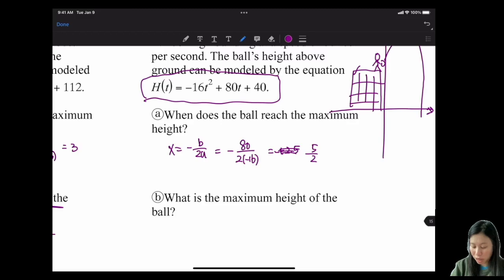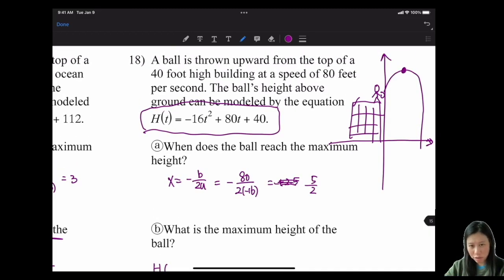So again, for maximum height, you want to substitute. As long as you draw the graph, this is really clear. This is where you are throwing the ball, which means when the time equals 0. That means they want you to find the y-intercept.